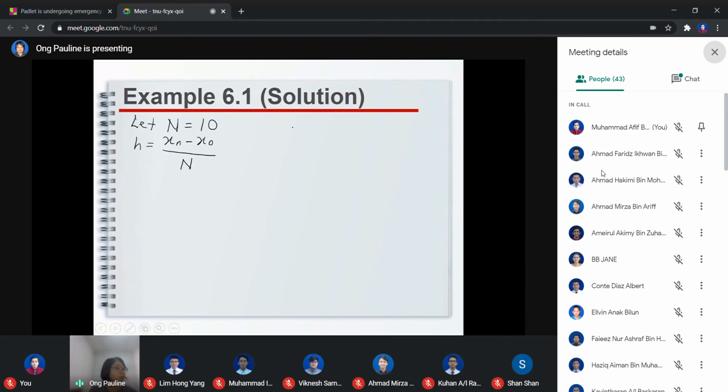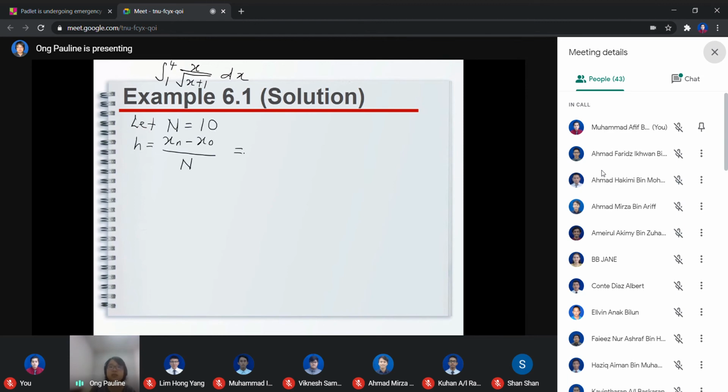So the question is to solve for, okay, so this is the question. You want to find the integration from 1 to 4 of x over square root x plus 1 dx. So I know that this is my lower bound and this is my upper bound as n.